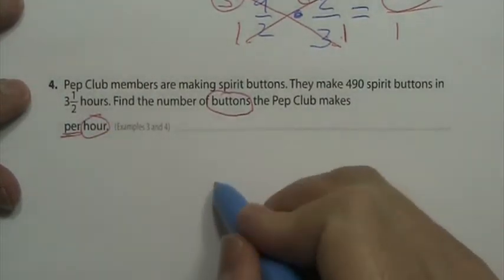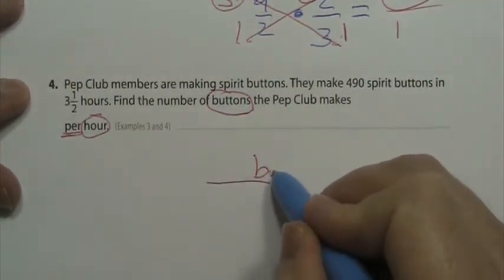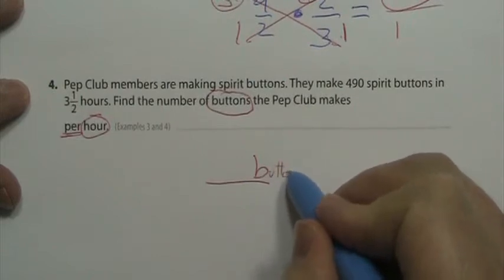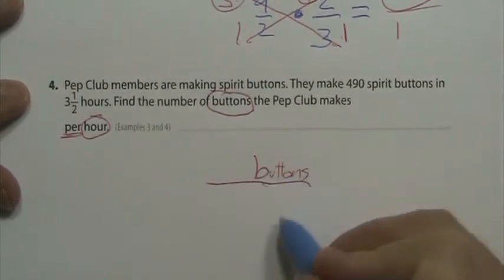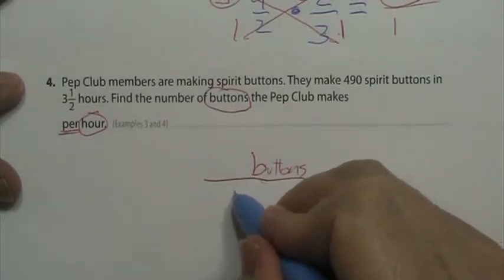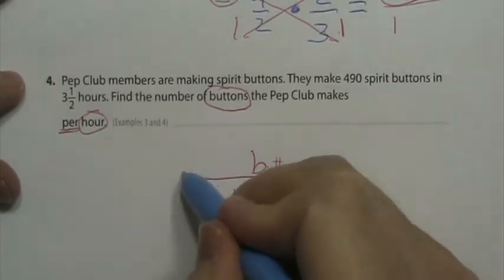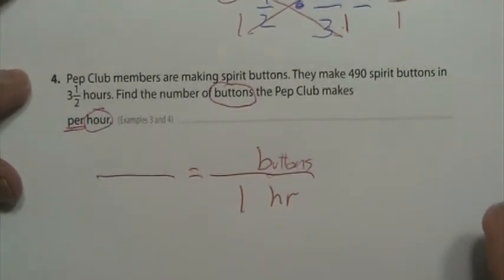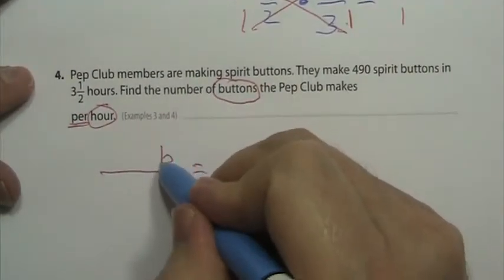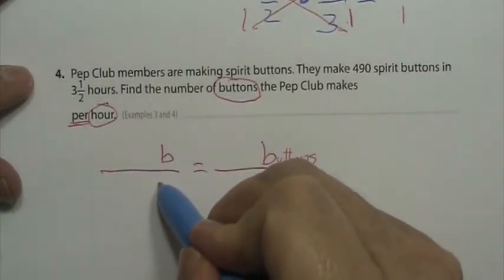So we know that we want to know how many. I'll just use B for buttons. You could just say B for buttons. All right, and 1 hour because it says per hour. So buttons per hour.